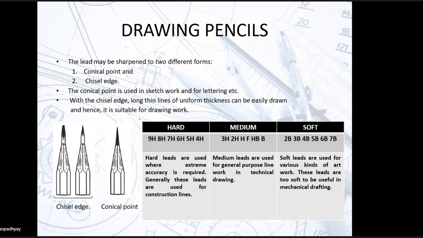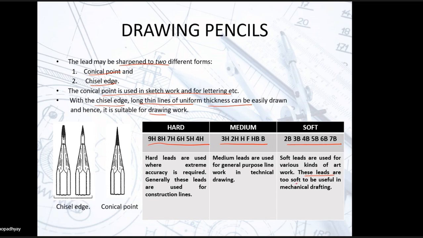So here are some classic examples. The lead may be sharpened to two different forms, conical point and chisel edge. The conical point is used for sketch work and for lettering, and with the chisel edge, long thin lines of uniform thickness can be easily drawn, and it is suitable for drawing work, right? So these are the hard grade, these are the medium grade, and this is your soft grade. Soft leads are used for various kinds of artwork.